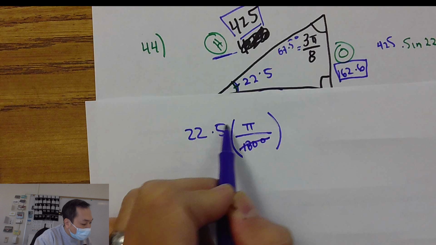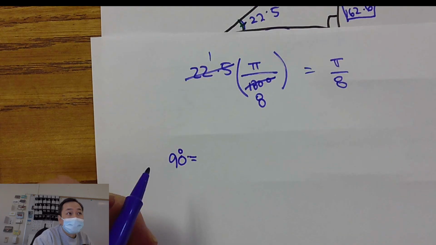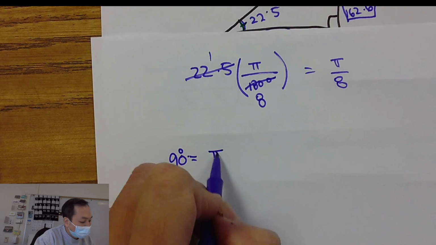Or what is 90 degrees in terms of radians? Pi over 2, right? I know that 3 pi over 8 plus this question mark angle is going to equal pi over 2. It's going to equal 90 degrees, right?